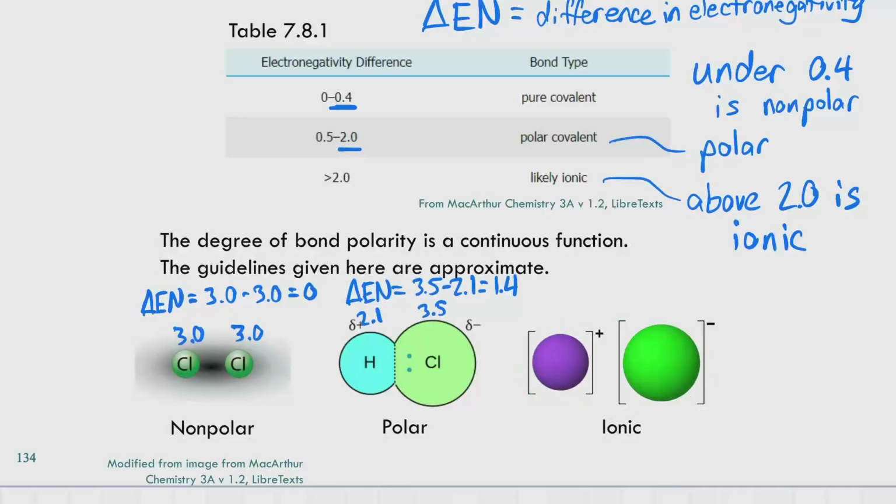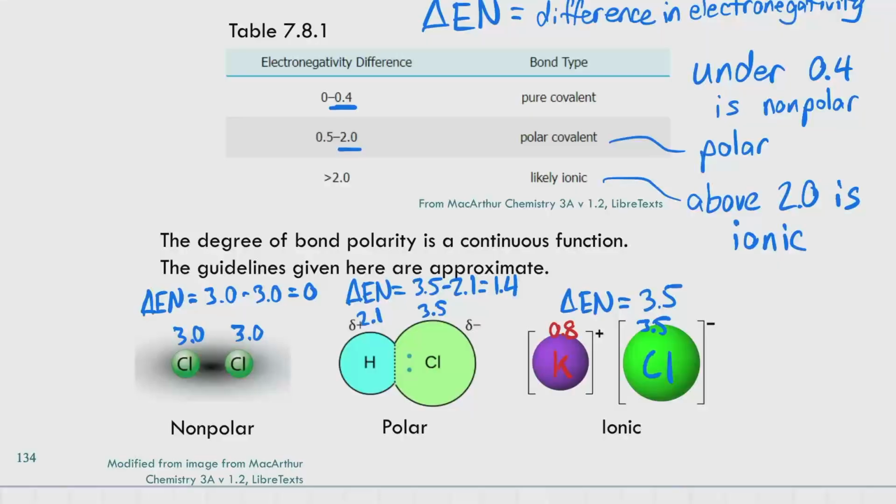For our ionic part, if we're doing potassium and chlorine, our difference in electronegativity is going to be that 3.5 for chlorine, and then what's the value for potassium? 0.8? 0.8.